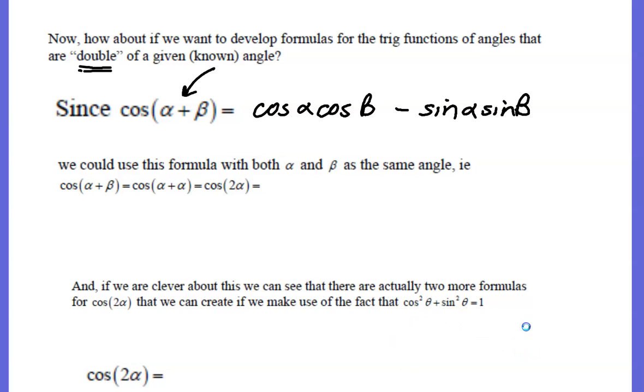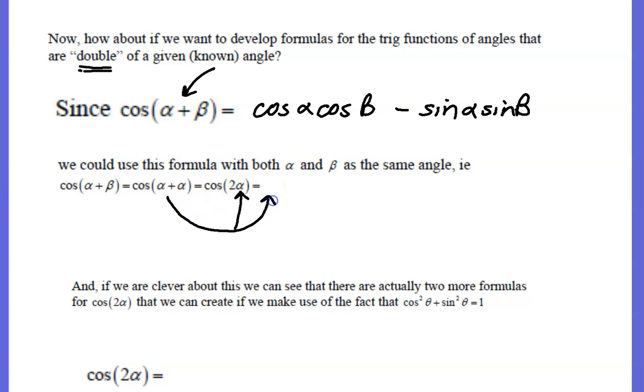Okay, so we can use this to find a double angle because what we're going to do is find cos of 2 alpha, which is like doubling an angle, right? I'm going to treat that as just alpha plus alpha. So let's see what happens when we do cos of alpha plus alpha, which is really cos of 2 alpha.